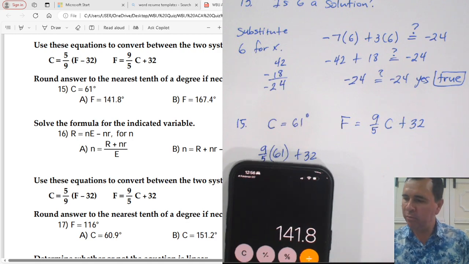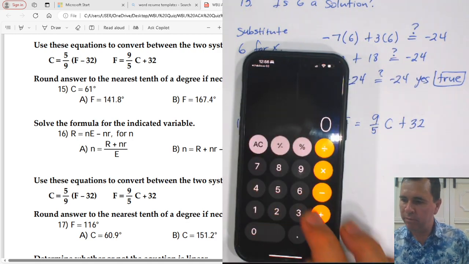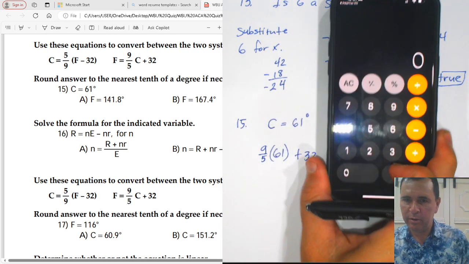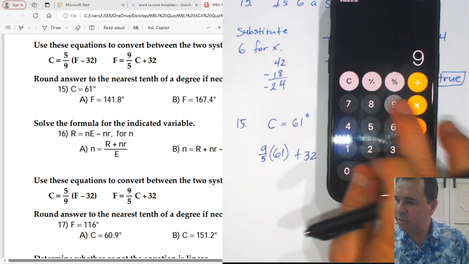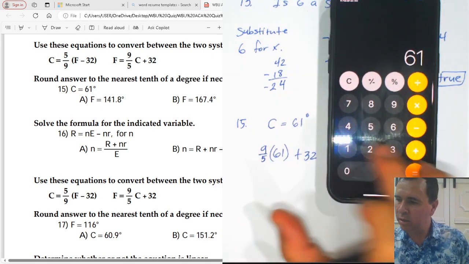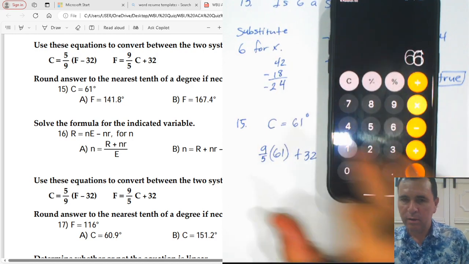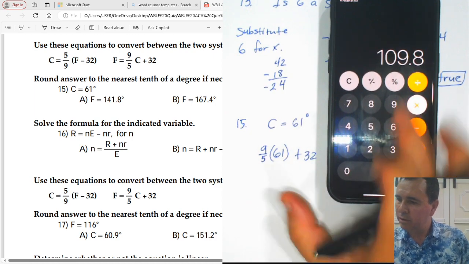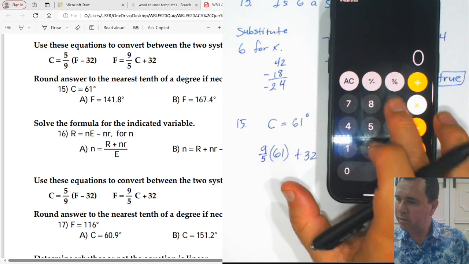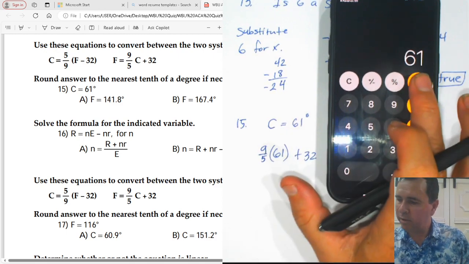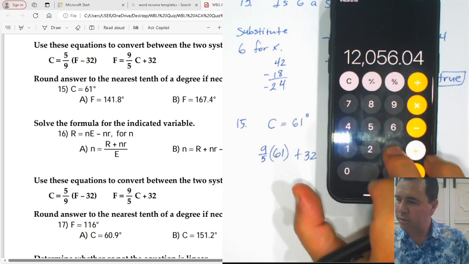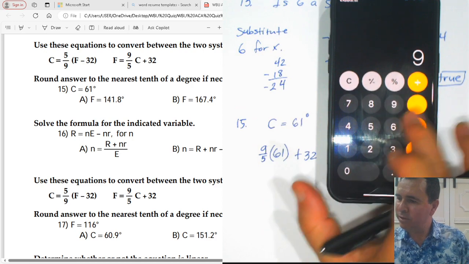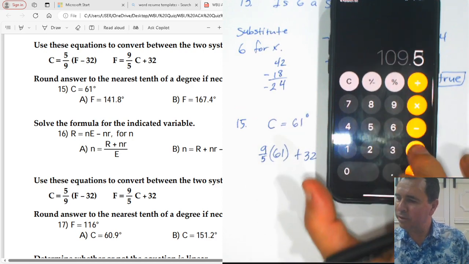Okay, let me do it again because maybe you didn't see it. It's going to be 9 times 61 divided by 5 plus 32.